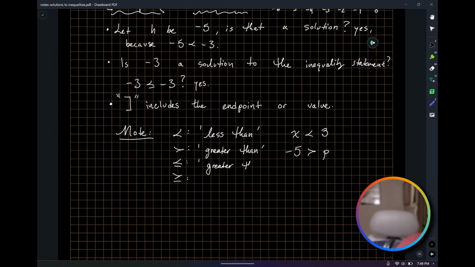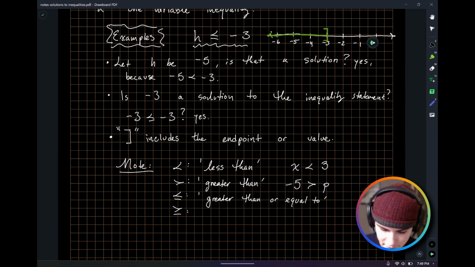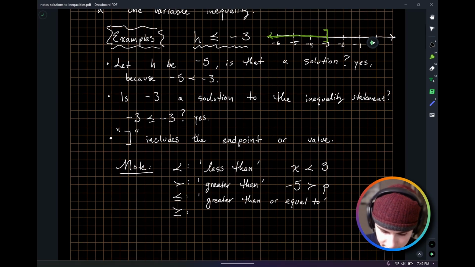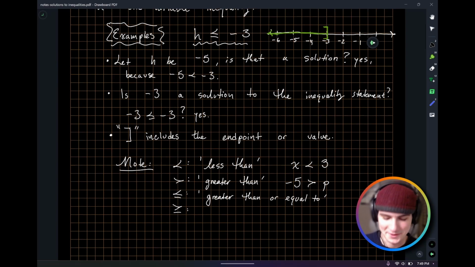This symbol is greater than or equal to, like the example we graphed above. It's not greater than or equal to, it's less than or equal to. Get it together. Less than or equal to.